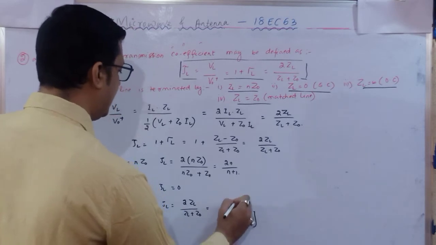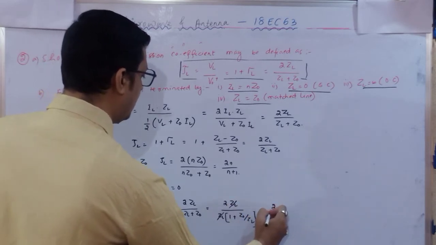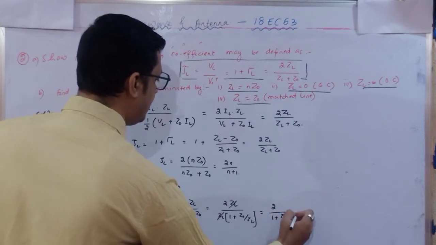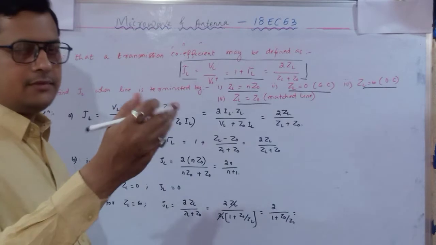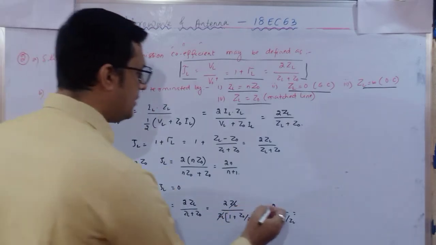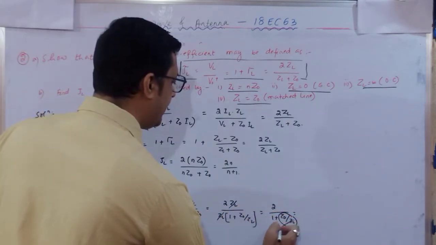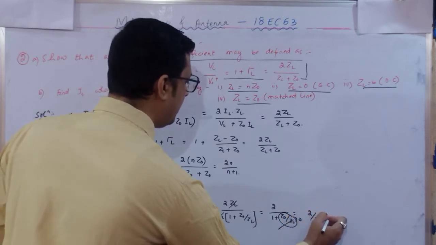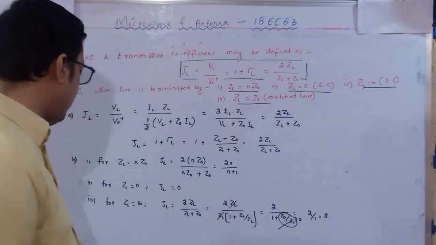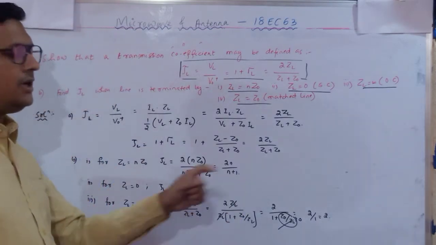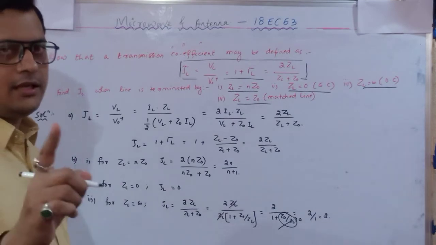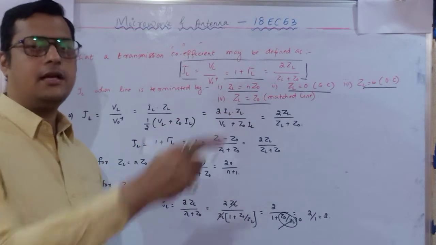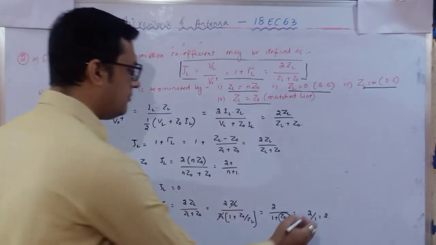Okay, this ZL will be cancelled out, twice divided by 1 plus Z0 divided by ZL. And we know that something by infinity is 0, so this whole component tends to 0. So we will get 2 divided by 1, that is 2. So transmission coefficient for the open circuit line will be 2, because the reflection coefficient is 1 for the open circuit line. So transmission coefficient is 1 plus reflection coefficient, so it is 2.